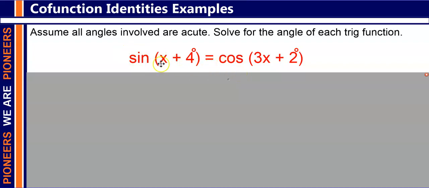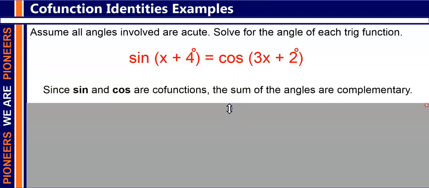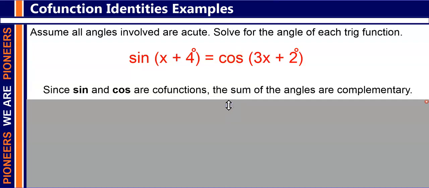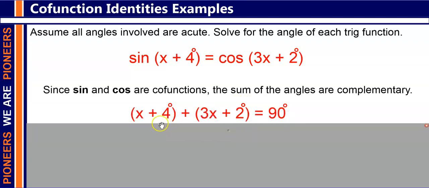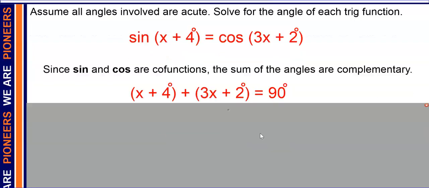So here we have sine equal cosine already, but we have expressions inside where the angle technically should be. Well, since sine and cosine are cofunctions, and we know that the sum of the angles are complementary, we can set up an equation like this, where x plus 4 plus 3x plus 2 is equal to 90. Now this is just an algebra problem where we have to find x.